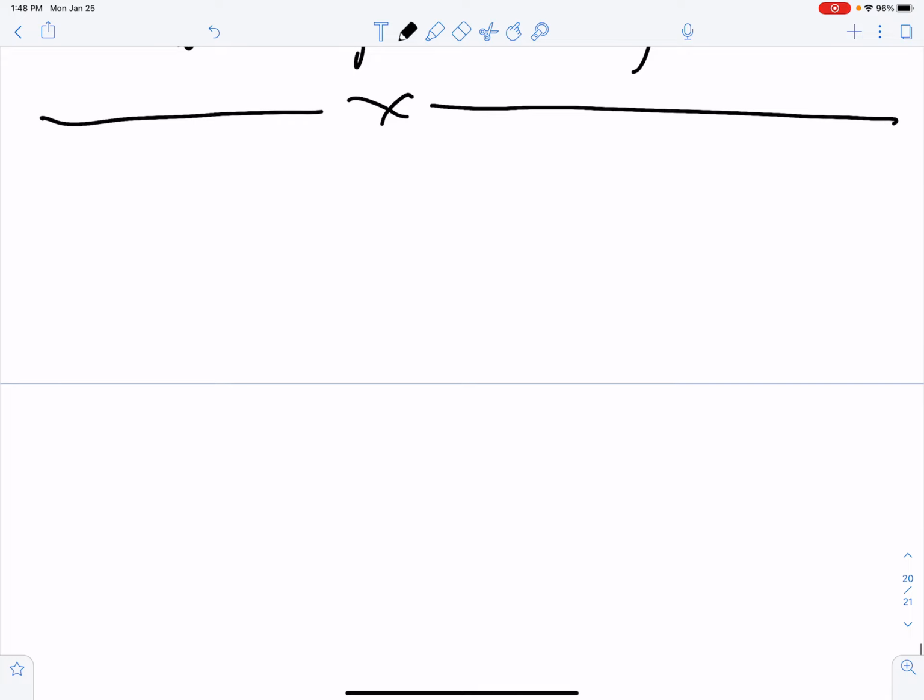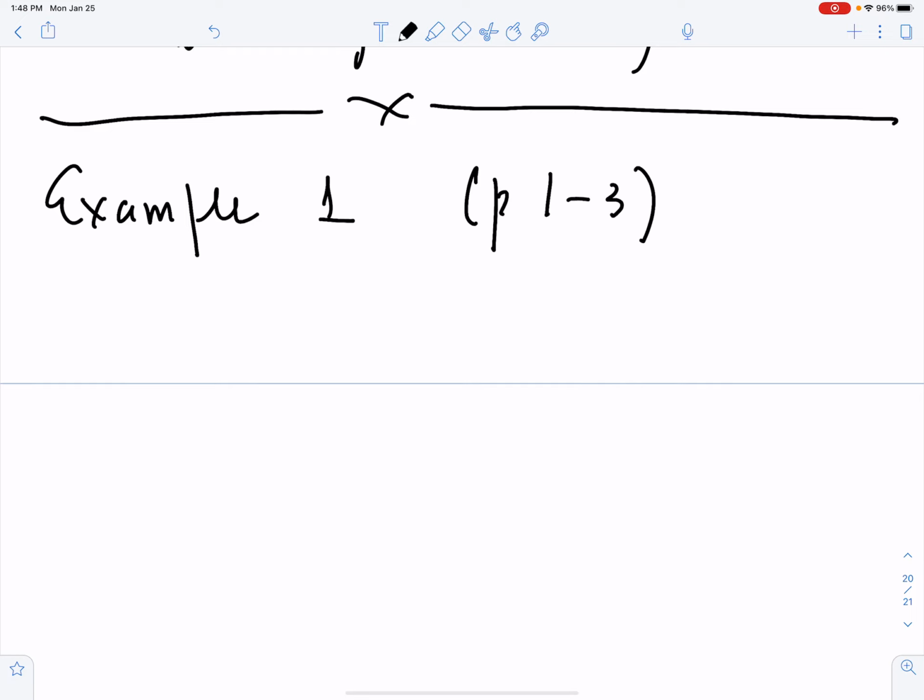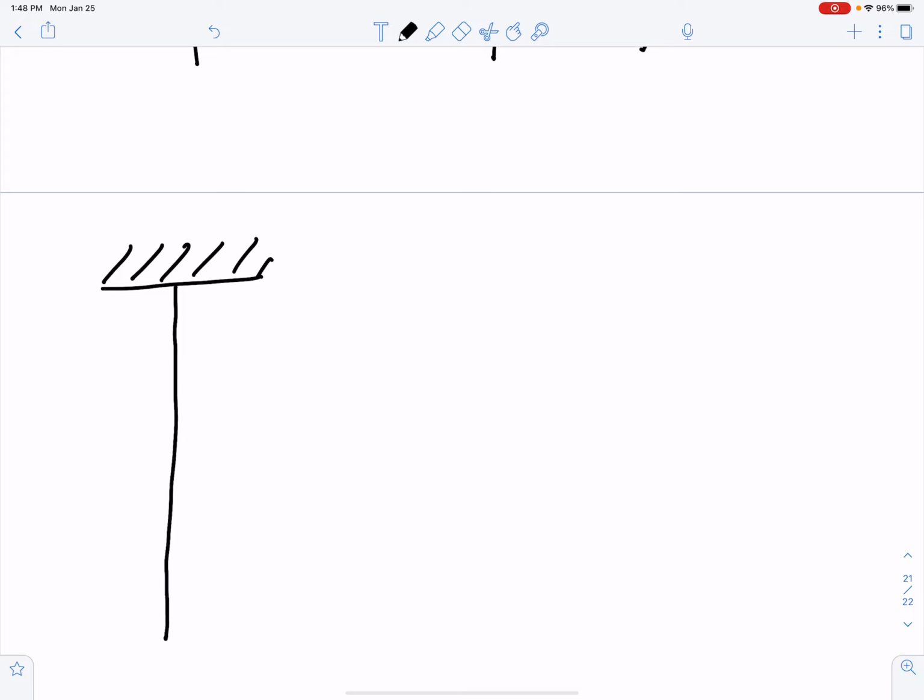So example 1, on page 1.3. Actually, a very typical example for the use of these truss type elements. Okay, I have a ceiling, and I'm going to take a flexible cable and I'm going to suspend it from the ceiling.